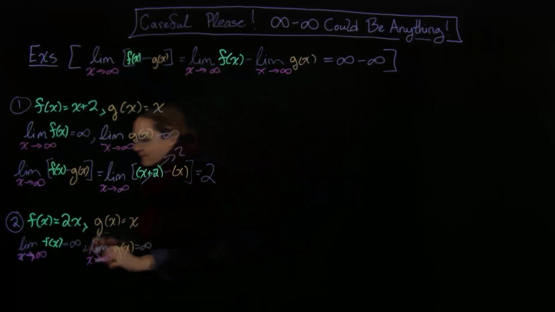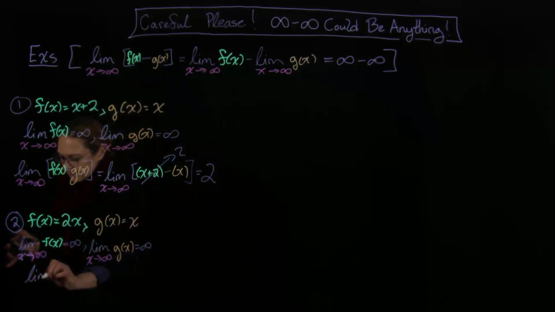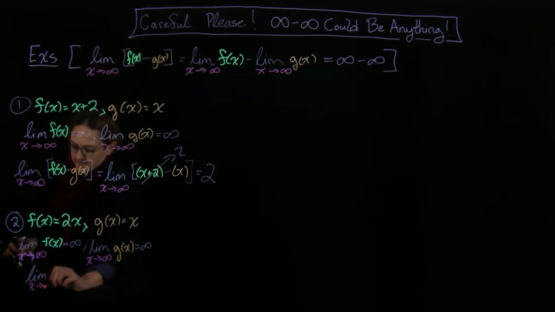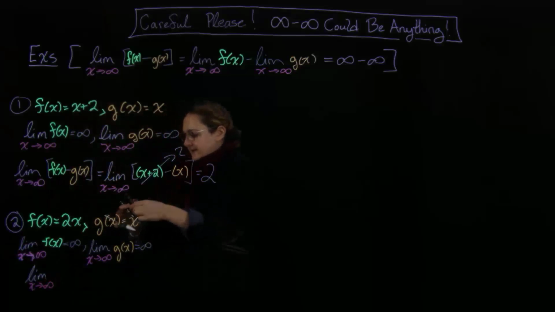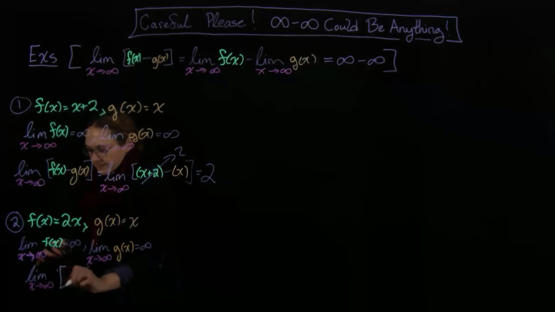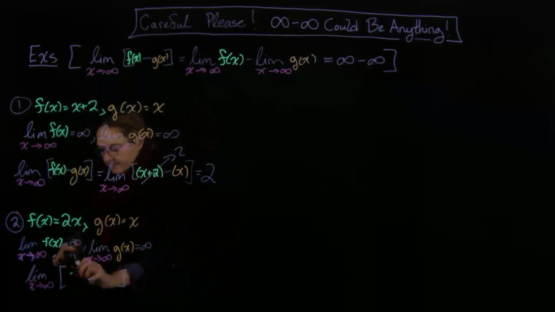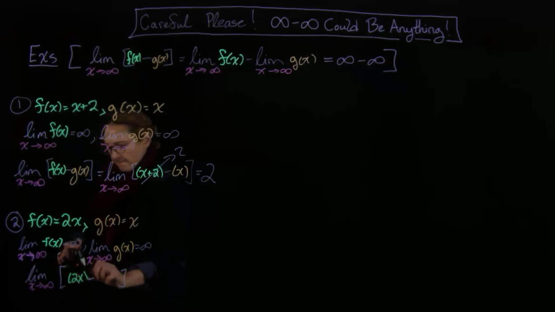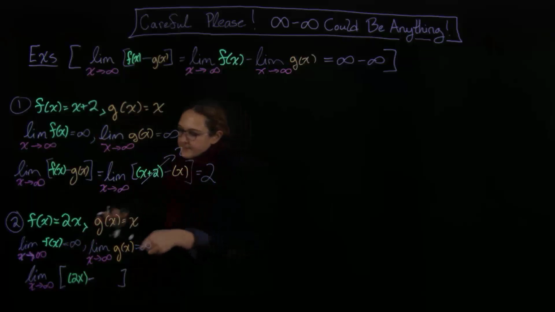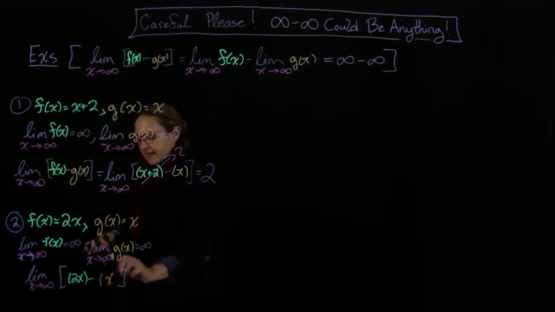But when I take the limit as x goes to infinity of f of x minus g of x, I have 2x minus, and then from g of x I have x, so I'm just going to get x.